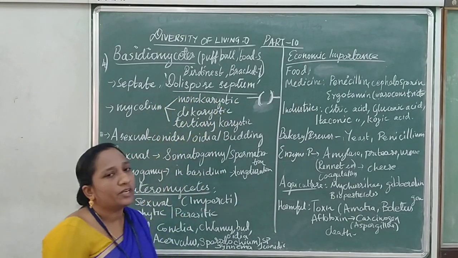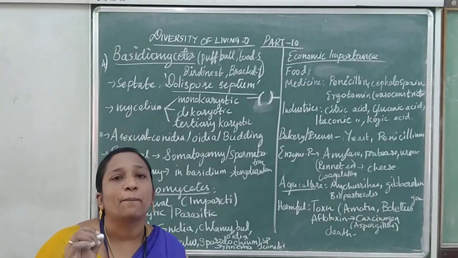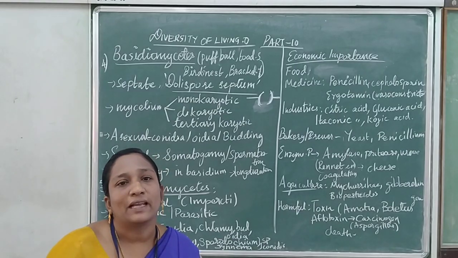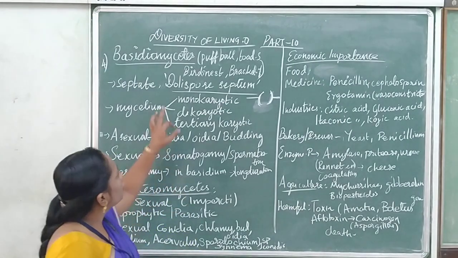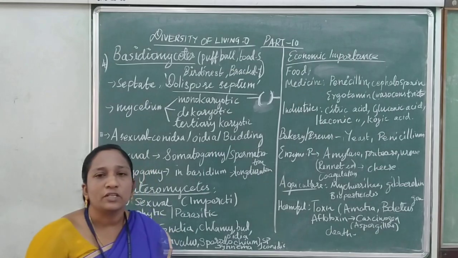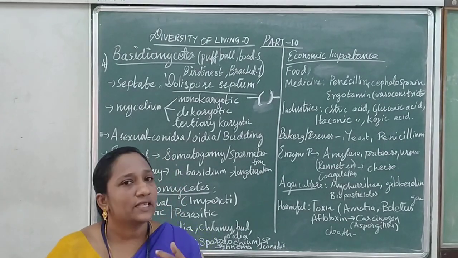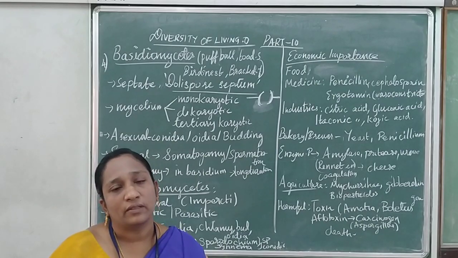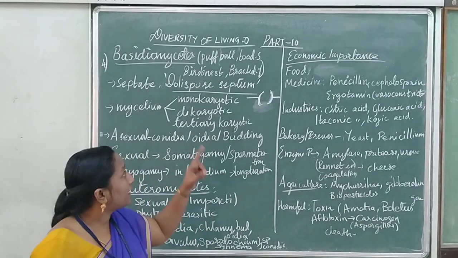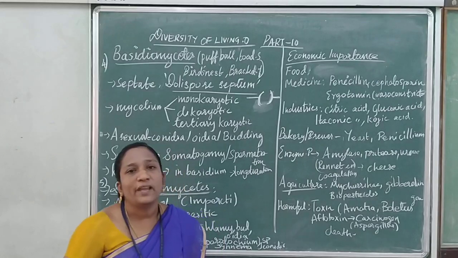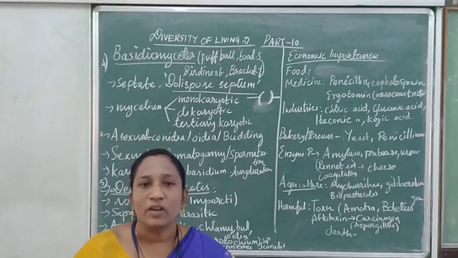Dolipore septum. What is it? The septum appears like a bracket or like a clamp, so it is said to be Dolipore septum. What is it said to be? Dolipore septum. From fungi, maximum examples will be asked in subjective type questions, and even certain special names of fungi will come as a one-word question.